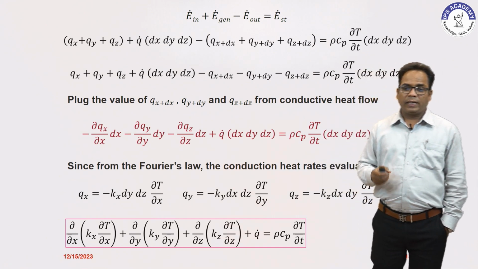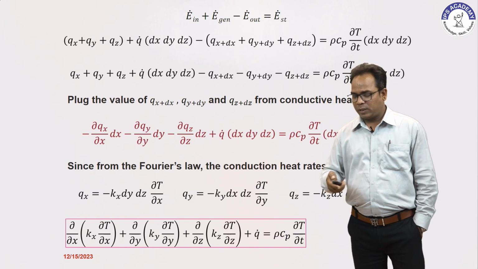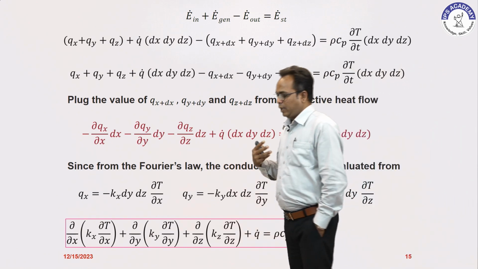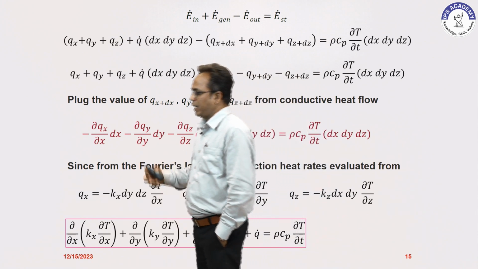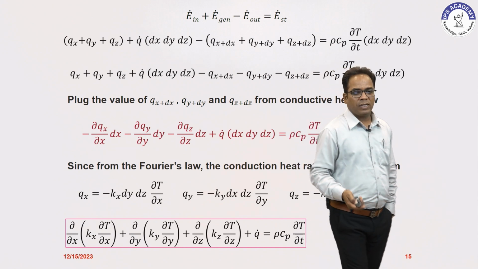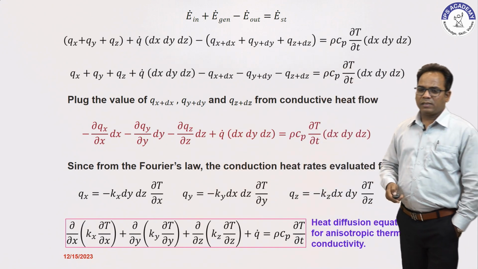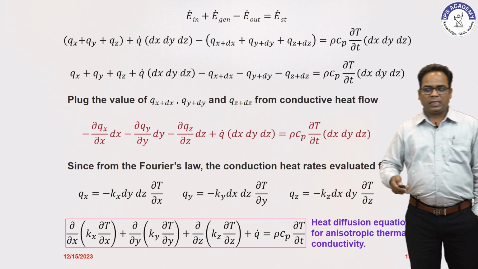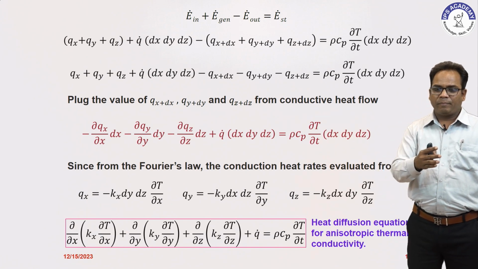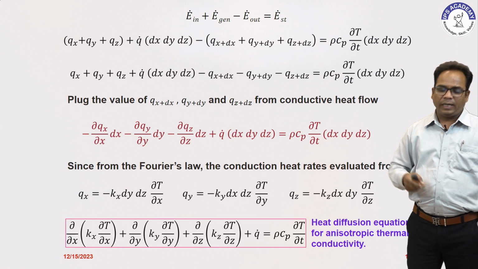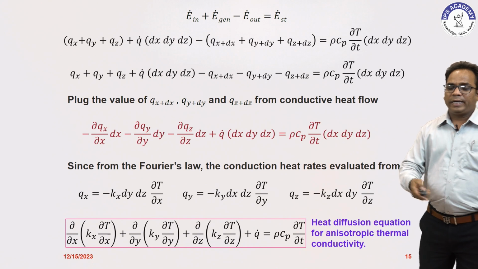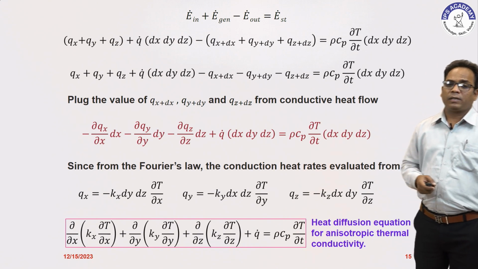This equation is used for an anisotropic system, but let's consider an isotropic system, for which the thermal conductivity does not vary with spatial coordinates, so kx is equal to ky is equal to kz. For that case we can take k, the thermal conductivity, as constant.